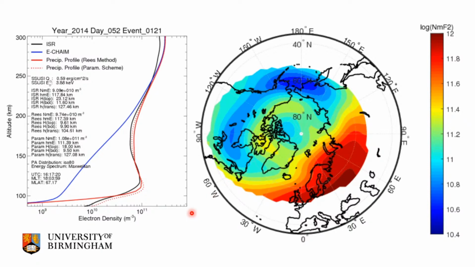In terms of vertical structure, using fits to those data sets as well as some data on the energetic spectra of aurora from another satellite called the SUSSI instrument on the DMSP constellation, we're able to do a great reconstruction here, given by the red dotted line, of the vertical electron density profile of the ionosphere at this particular time, where the black line here is given from an incoherent scatter radar.